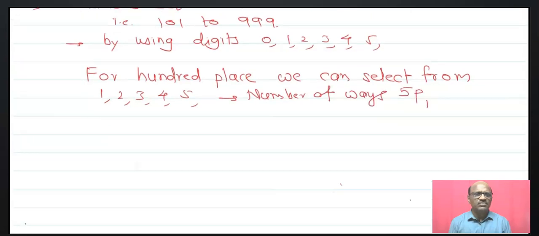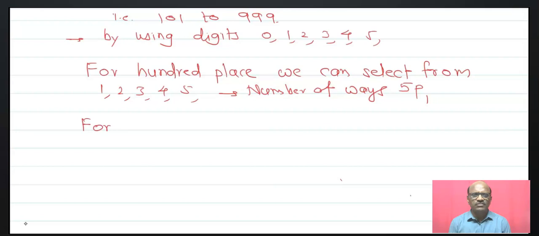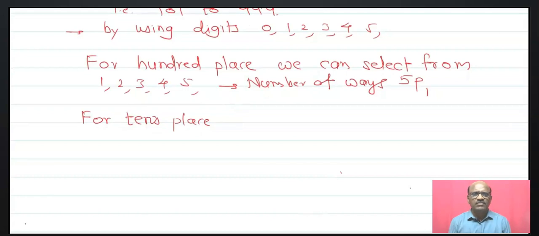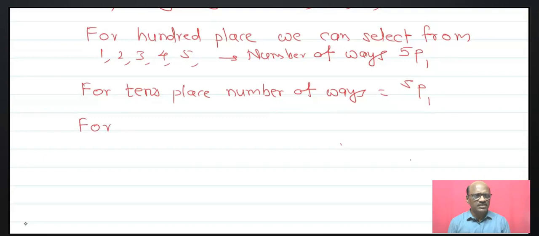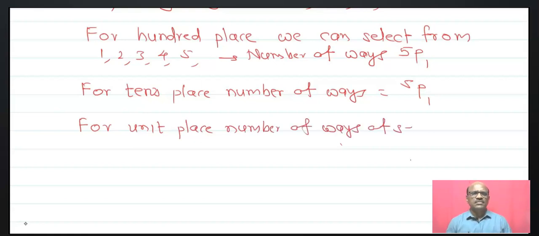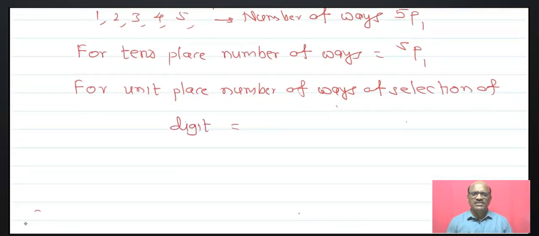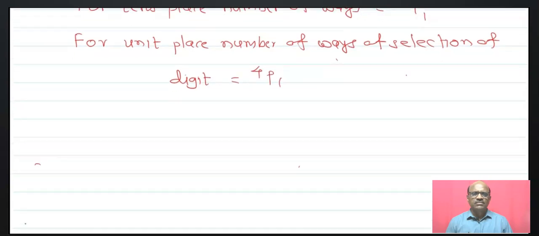For the 100 place, we can select 1, 2, 3, 4, 5. The number of ways is 5P1. For the 10 place, the number of ways is 5P1. And for the unit place, that will be the selection of digits 4P1.